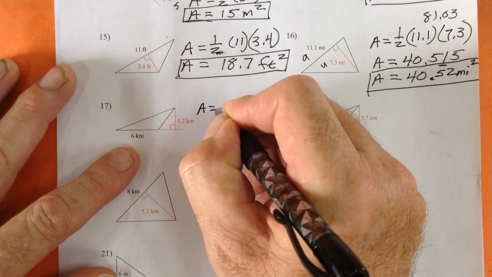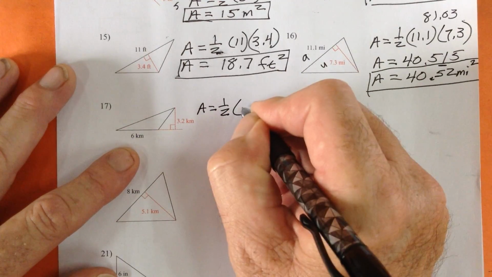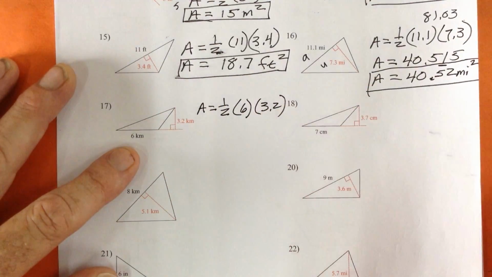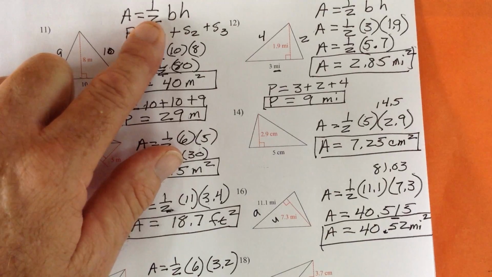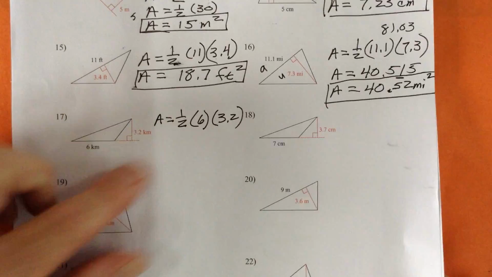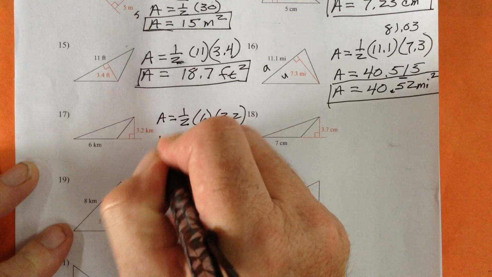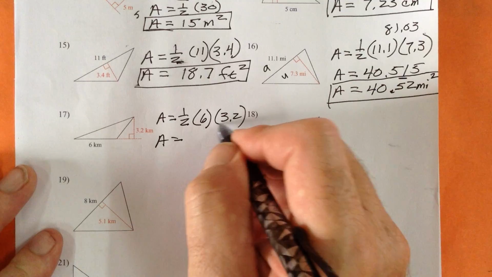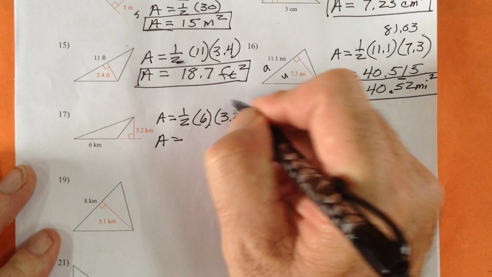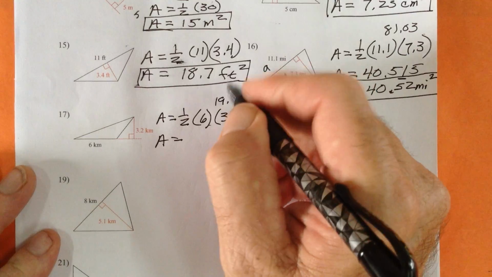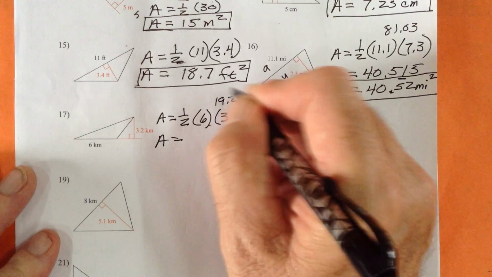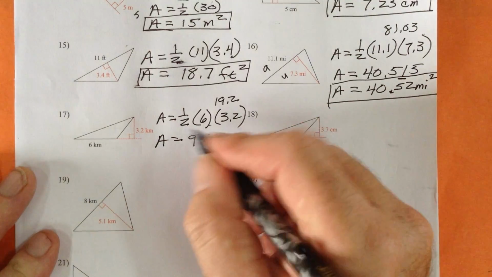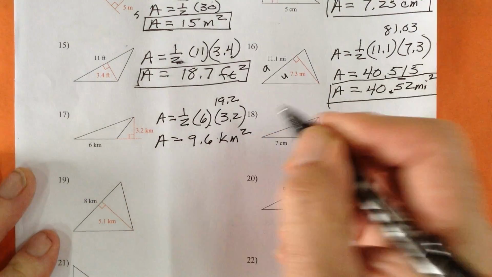The area equals 1/2 times the base, 6, times the height, 3.2. 6 times 3.2 came out to 19.2, and I divided it in half. I got 9.6 kilometers squared.